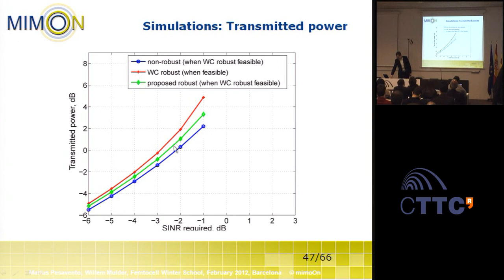If we look at the non-robust approach, where the total transmitted power versus an SNR requirement has such a shape, in our design we have an increased transmitted power. But compared to the competing design, we are using less transmitted power in our design.